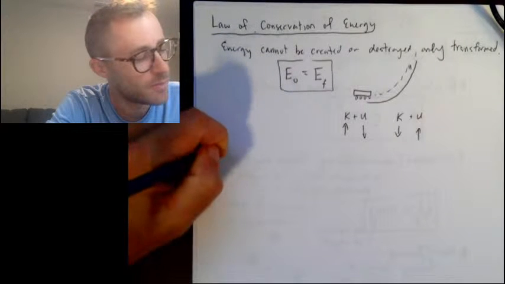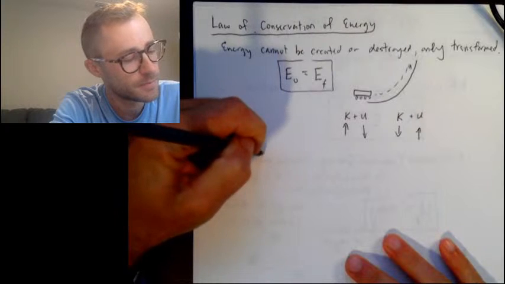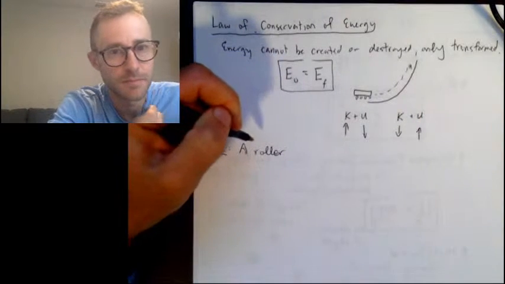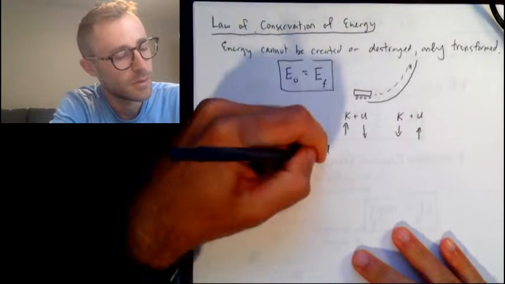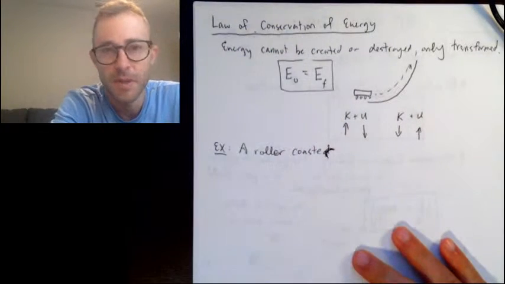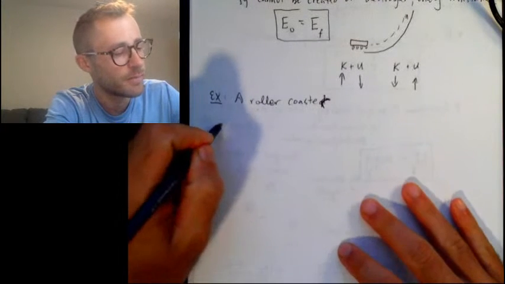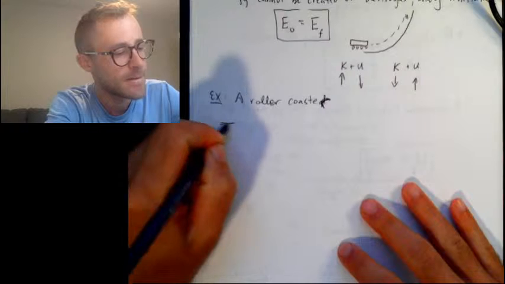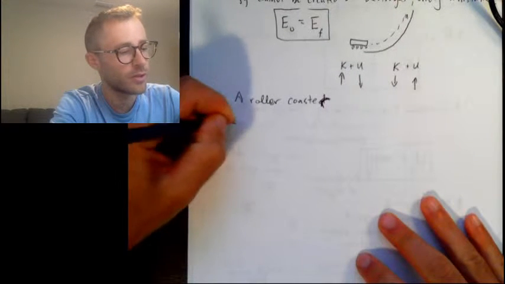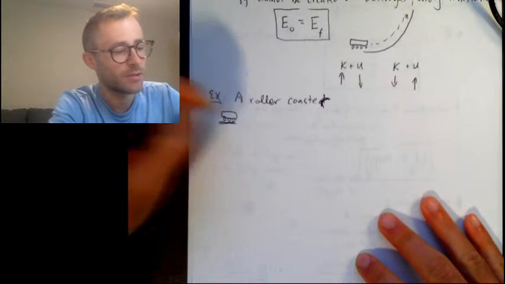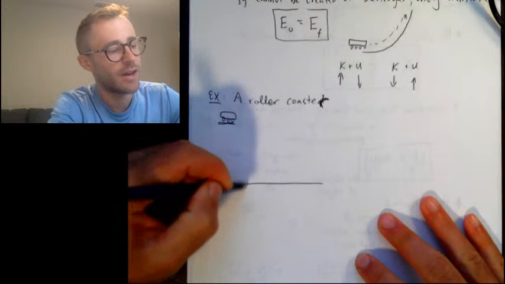Let's do an example. And the example is a roller coaster. So we have a roller coaster, and the roller coaster cart starts off at rest, and it's at an elevation.